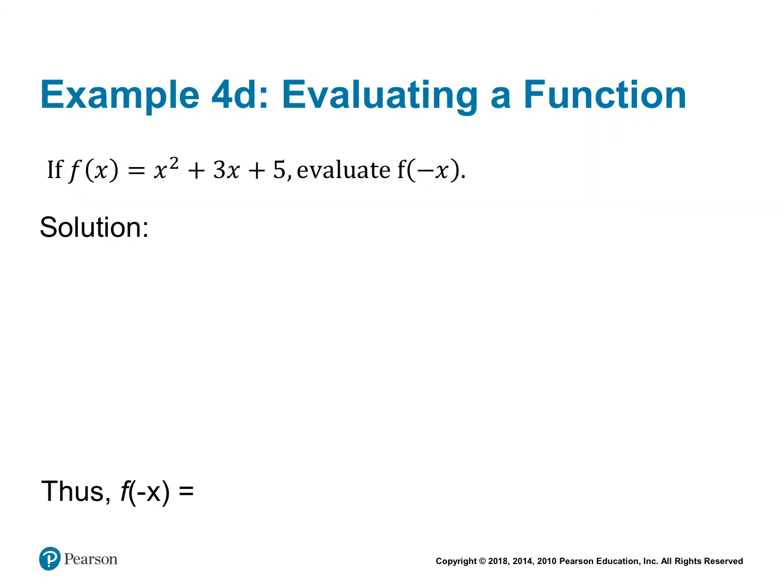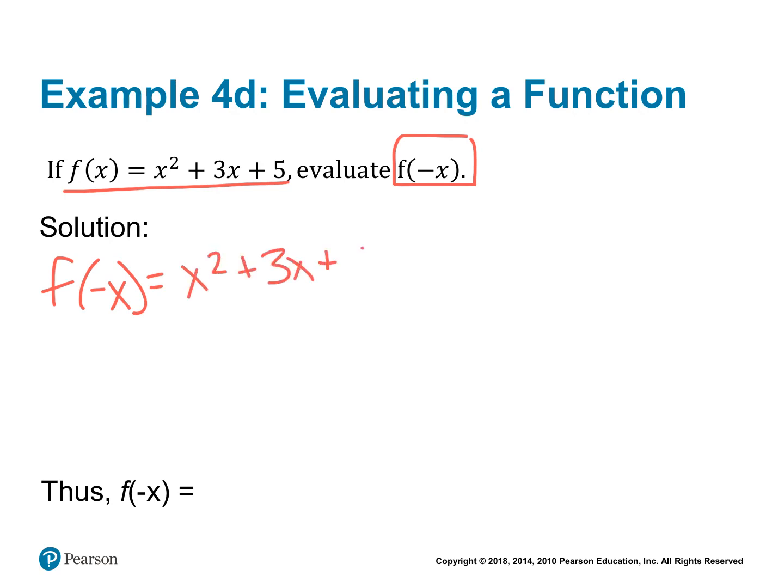Last example here. So this time I'm using the same equation, but I'm going to replace my x with a negative x. So what is f of negative x in this equation? So let's replace any x with a negative x.